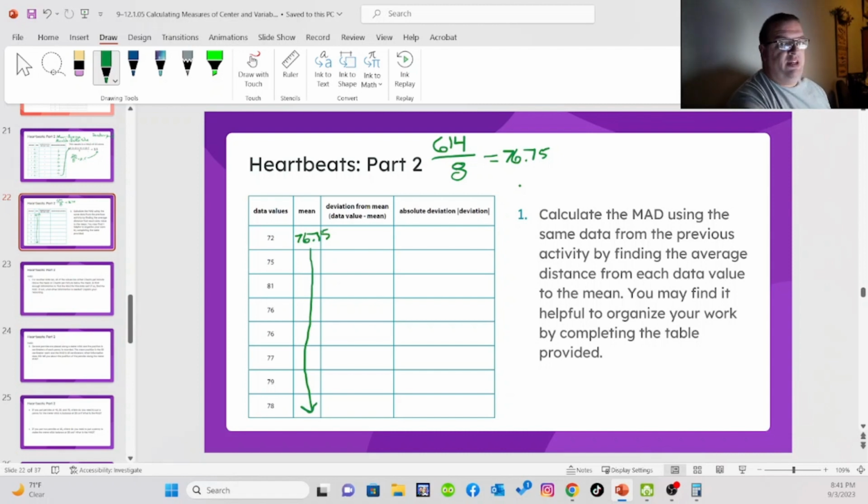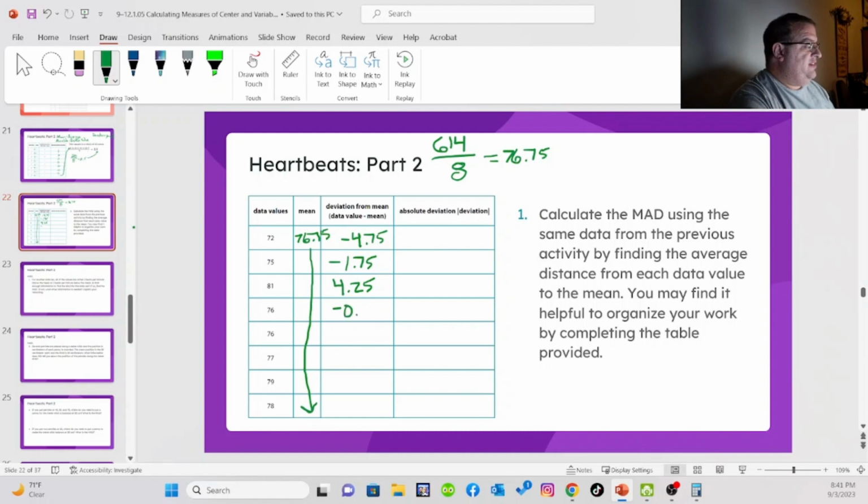So then what you need to do is you need to subtract. So you're going to do 72 minus 76.75, and you're going to get negative 4.75. 75 minus 76.75, and you're going to get negative 1.75. 81 minus 76.75, and you're going to get 4.25, and you're going to continue to subtract.